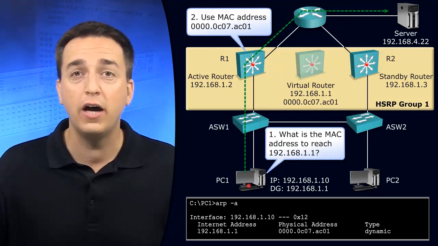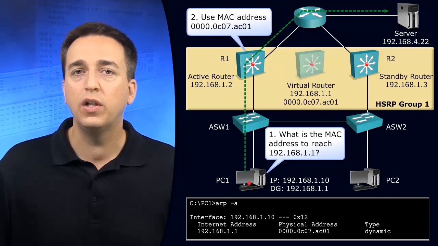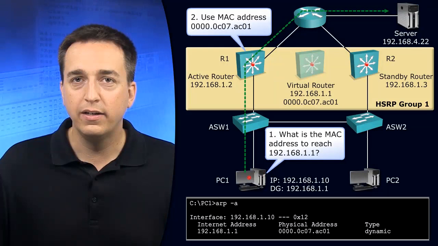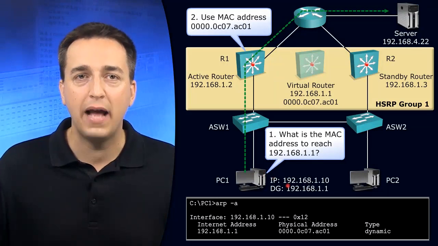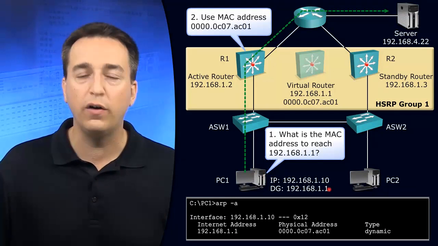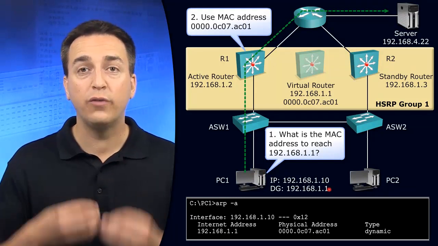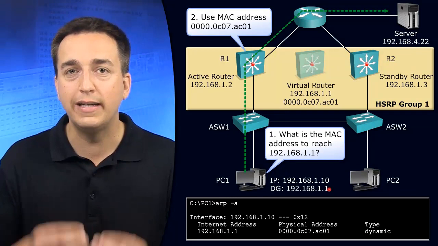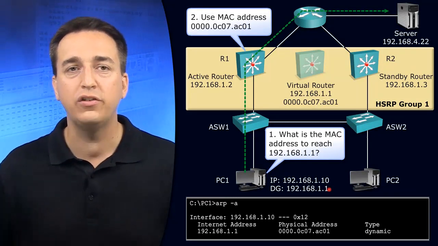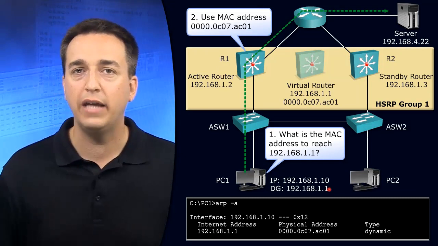The server is not in the same subnet. So the client realizes that it must send an ARP request to find the MAC address associated with the IP address of the default gateway. Because when it creates the frame for the local area network, it has to address it with a destination MAC address of the default gateway.